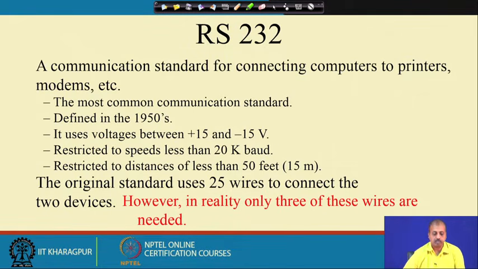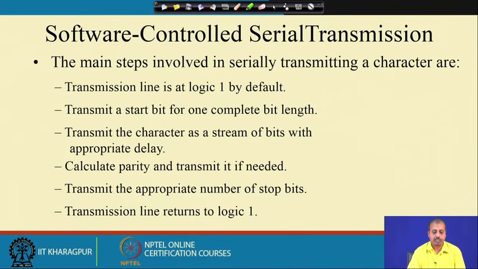So the speed is low. The distance is also restricted, within 50 feet or 15 meters. The original standard uses 25 wires to connect the two devices. However, in reality only 3 of these wires are needed, since the distance is not that much.